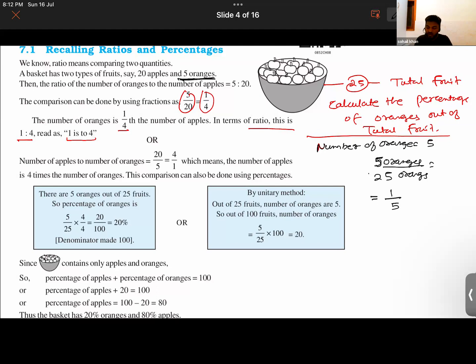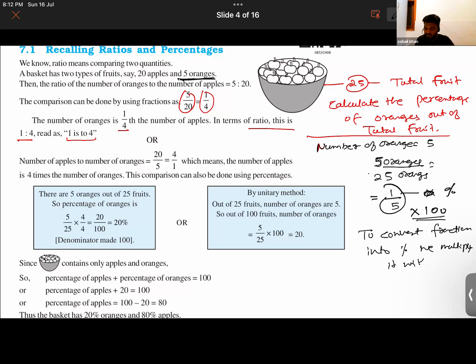Now, how do we convert the fraction into percentage? We simply multiply it with 100.